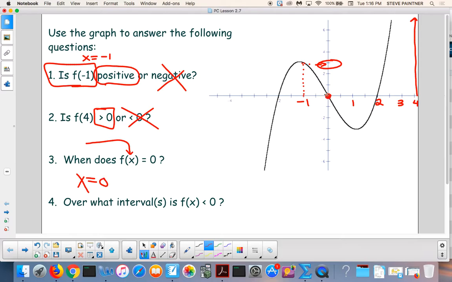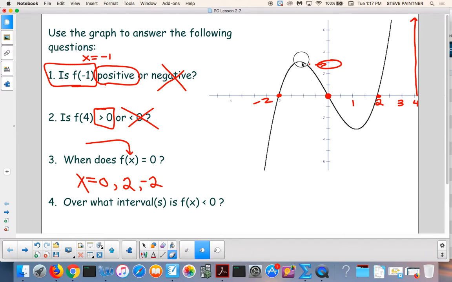And 2, and -2. So when I ask when f of x equals 0, I'm asking for the zeros of your function. So x equals 0, or 2, or -2. Okay, good.